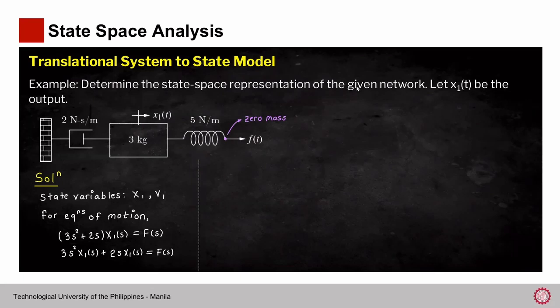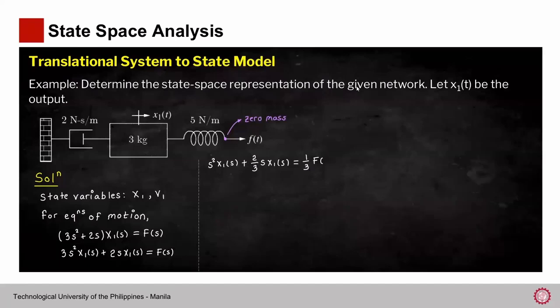So in other words, this would be s squared x1 of s. It should just be like that, so we divide everything by 3. So this would become s squared x1 of s plus 2/3 s x1 of s, and this is equal to 1/3 of F of s.